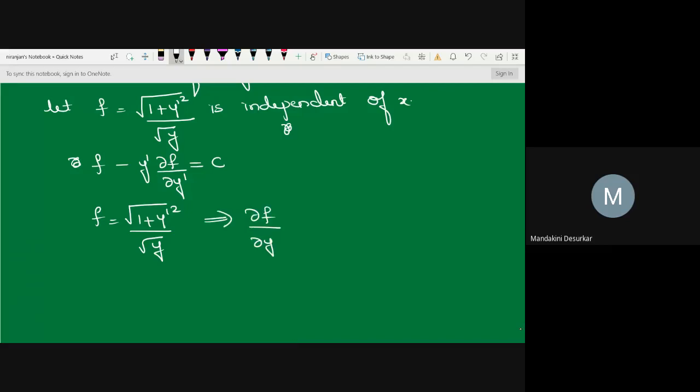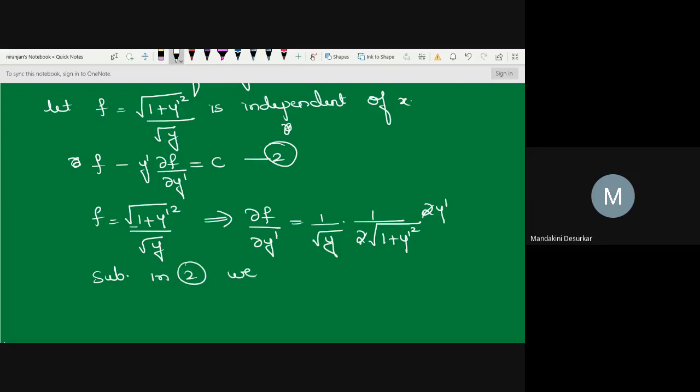Remember that 1 upon root of y is constant, which is taken out, and the differentiation of this root is 1 upon 2 root of 1 plus y dash square into 2y dash. So 2 and 2 get cancelled. Now substituting in equation 2, we get the value of f as what?